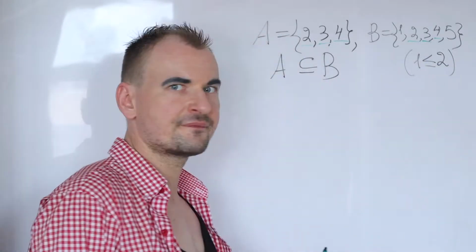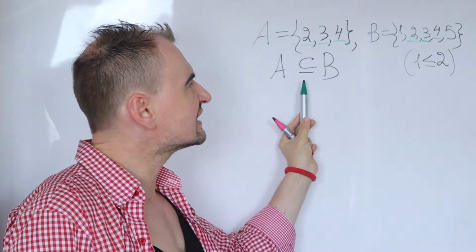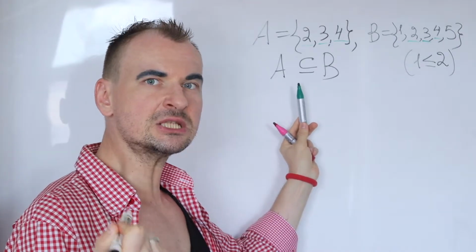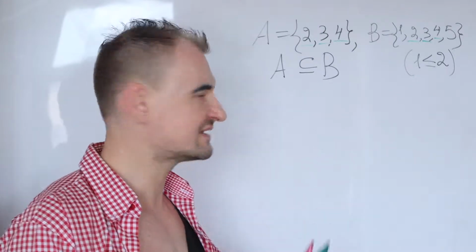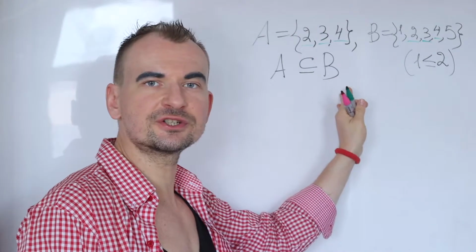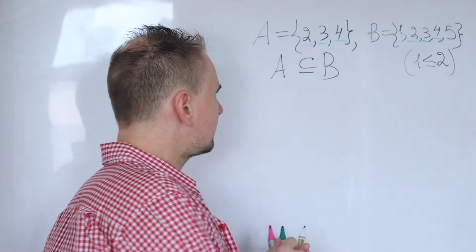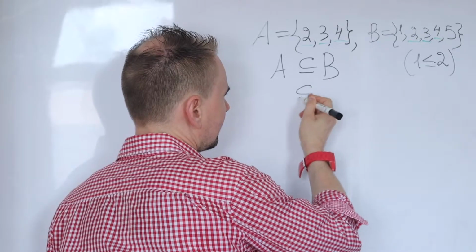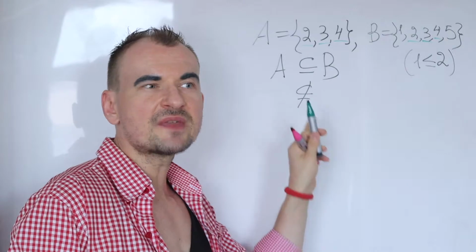So the symbol that stands for this inclusion is very similar to that one you might see. If that's not true, if it does not hold, we could simply cross this symbol of inclusion, just cross it like this.